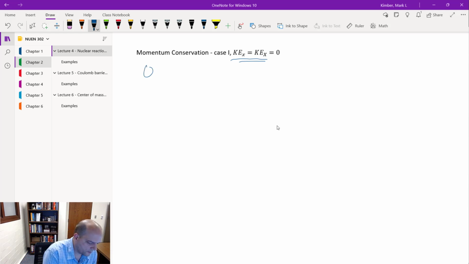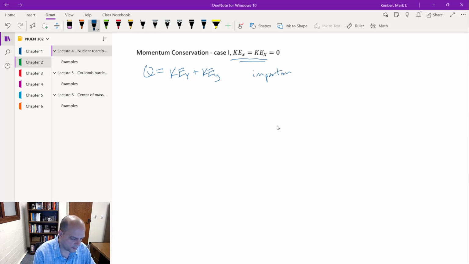And so what Q would be left with is, since both the kinetic energy of the target and the projectile are zero, then the Q expression in terms of kinetic energies is just the following. So my Q value has to be the sum of the kinetic energies of both the products of that reaction.